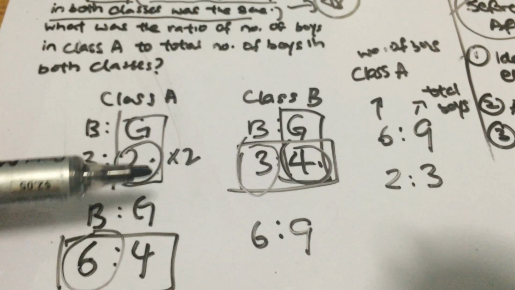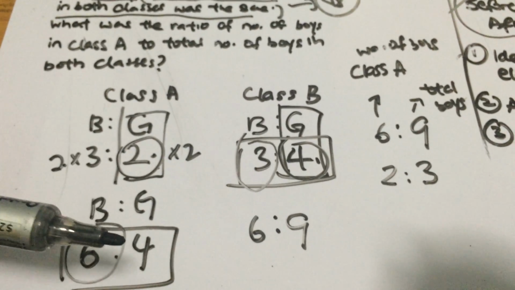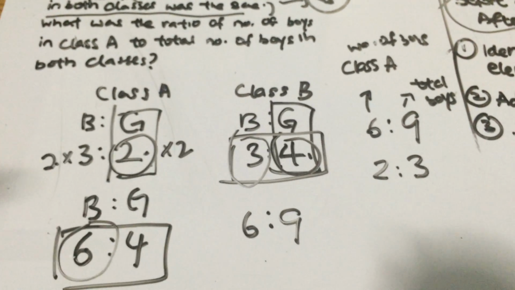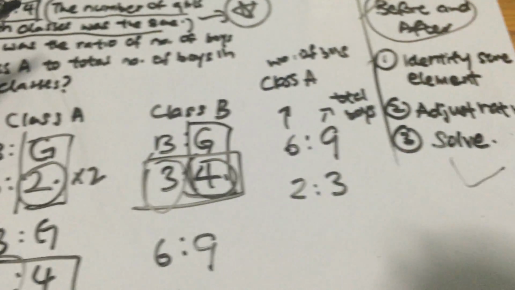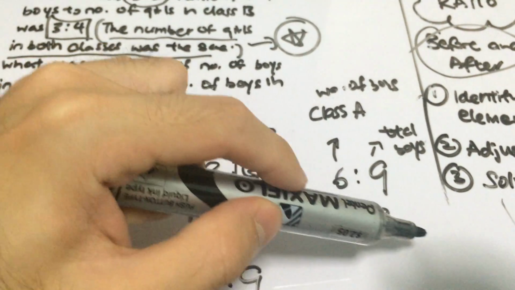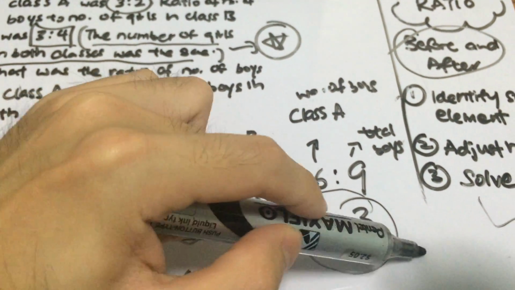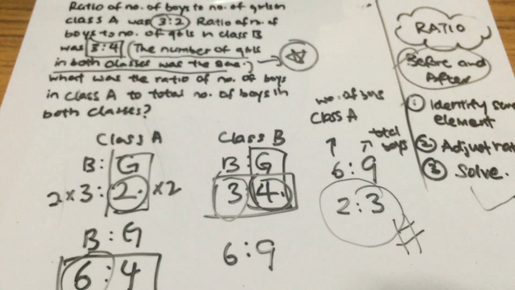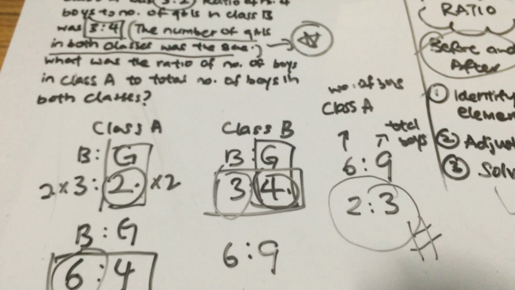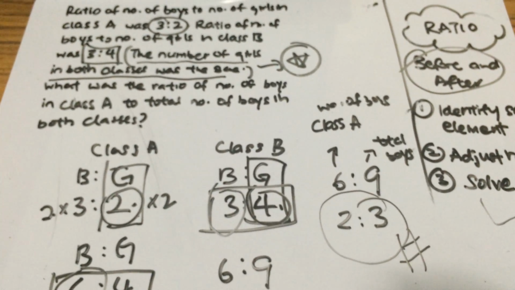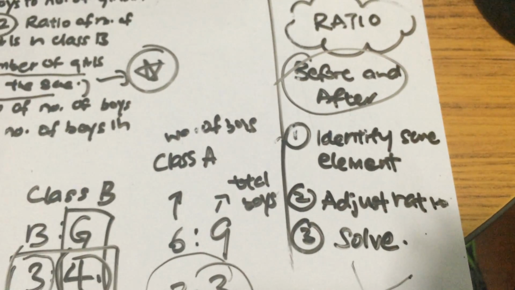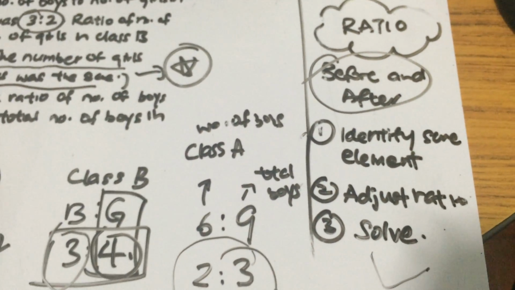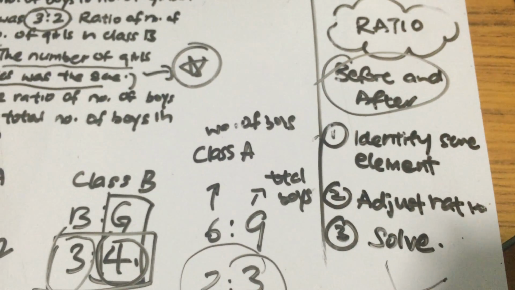Instead of 2, we change it to 4 because the number of girls is the same in both classes. Then after that we solve the problem, and we get this particular answer, which is 2:3. So there you go. These are very easy steps for you to solve this kind of ratio before and after problem. You identify the same elements, adjust the ratio, and you solve the problem.